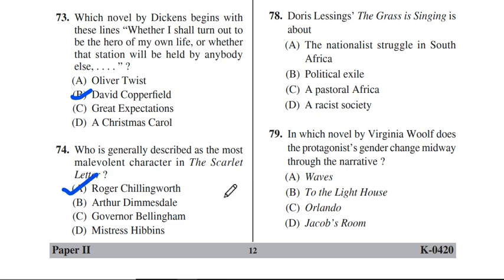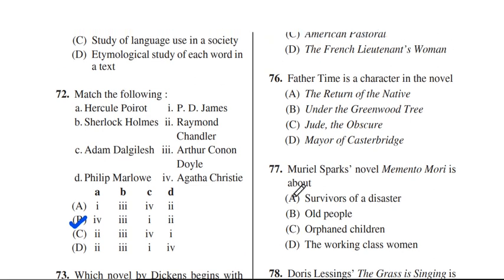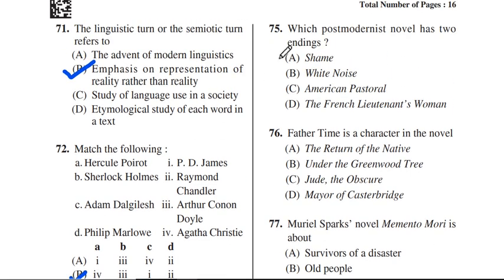Roger Chillingworth. Next, question number 75. Which postmodernist novel has two endings? The French Lieutenant's Woman. This has two endings.